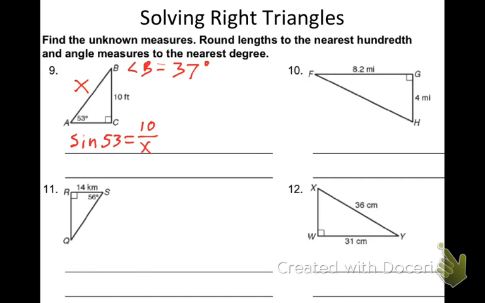Anybody? Go 2 decimals. What is it? 0.8. Okay, 0.8. And so 0.8 equals 10 over x. Well, now I solve for x here. Now you use what you know, solve for x. What does AB have to be? Anybody?